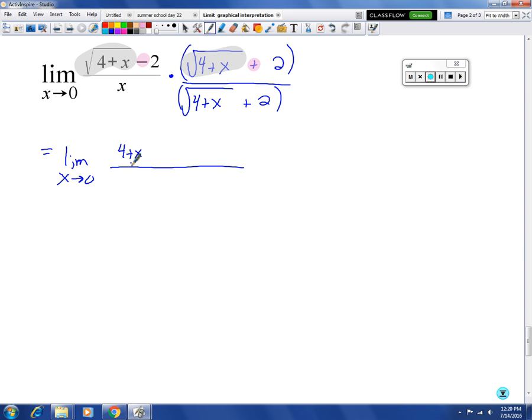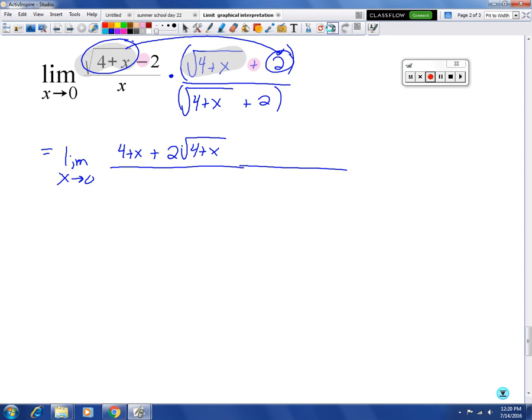Next, we're going to multiply this square root times that 2 in the back. You probably see what's going to happen, but I'll go ahead and multiply. I'm just going to put that 2 in front: 2 times the square root of 4 plus x.